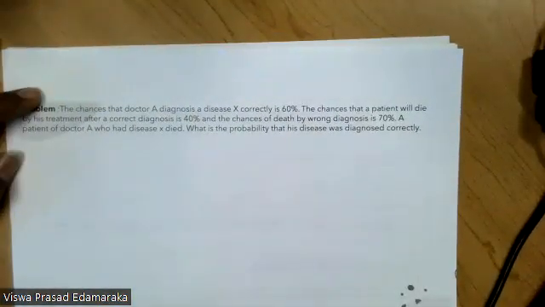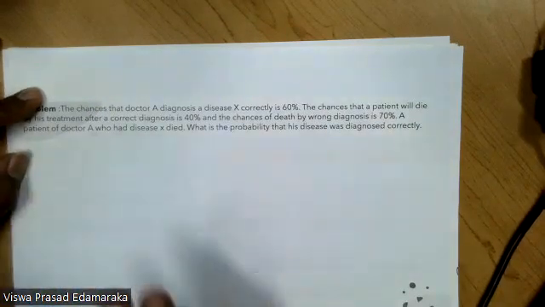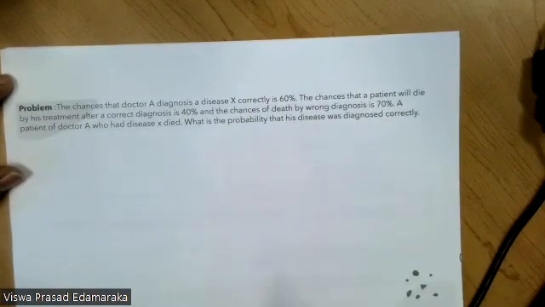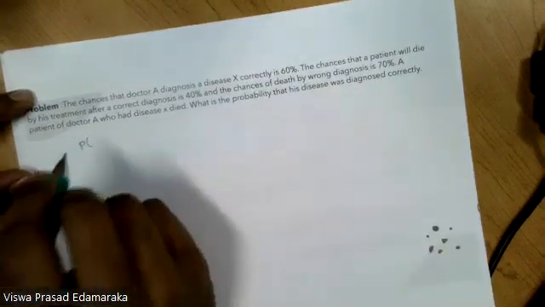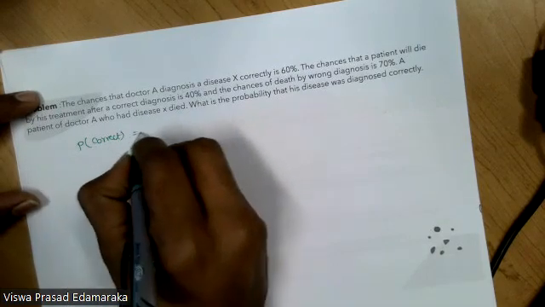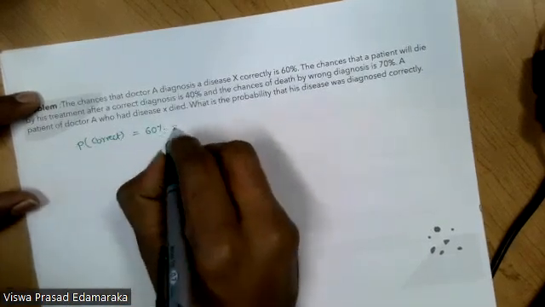Let's see this problem. If you understand this problem, everything will be easy. The chance that Dr. A diagnoses a disease X correctly is 60%. Probability of correct is 60%, that is 0.6.